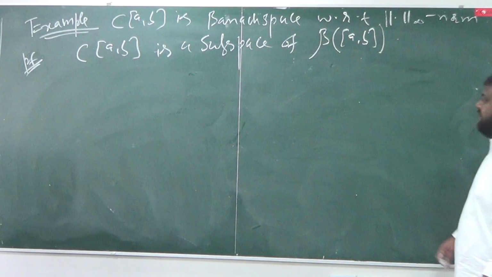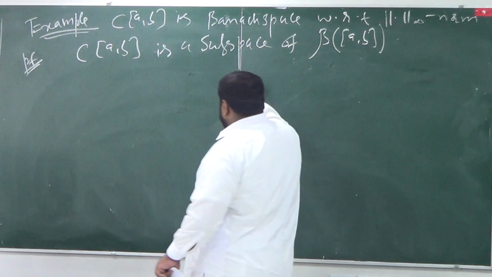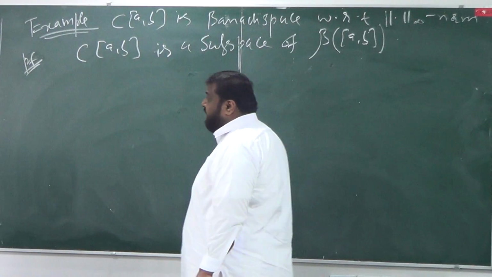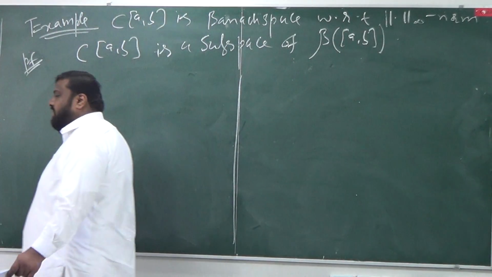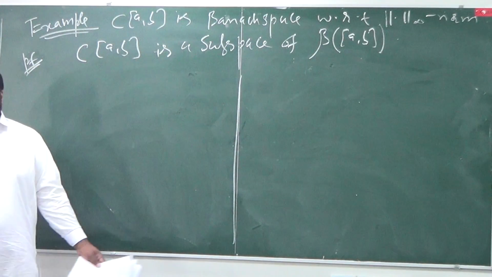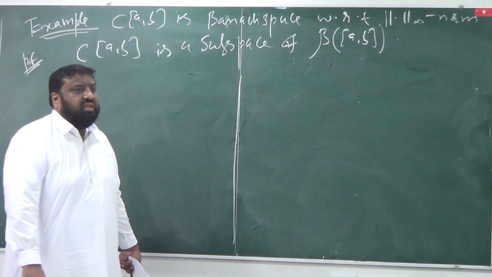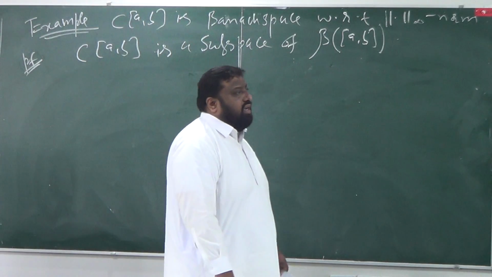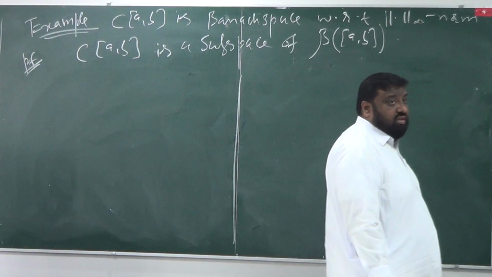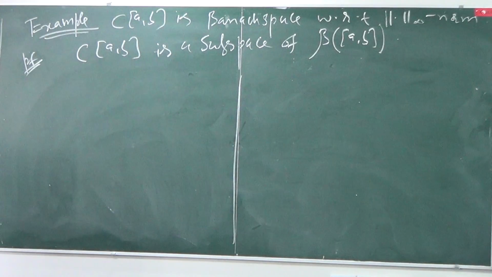So essentially, in order to show that this space C[a,b] is closed, what I need to do is take a sequence from C[a,b] and show that it converges within this space.